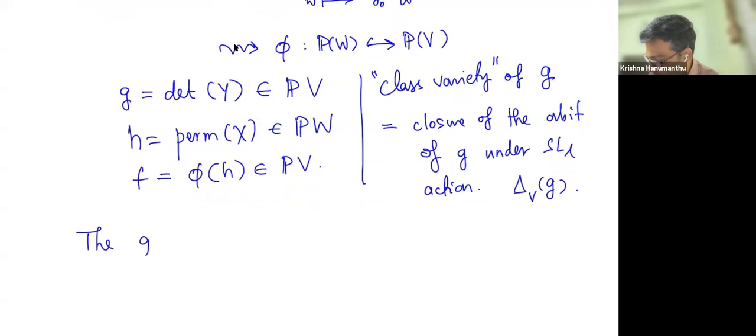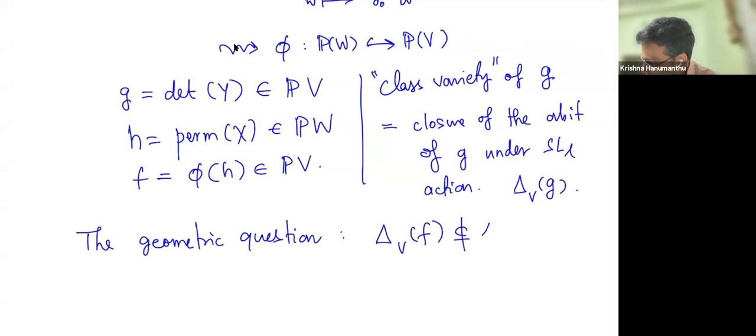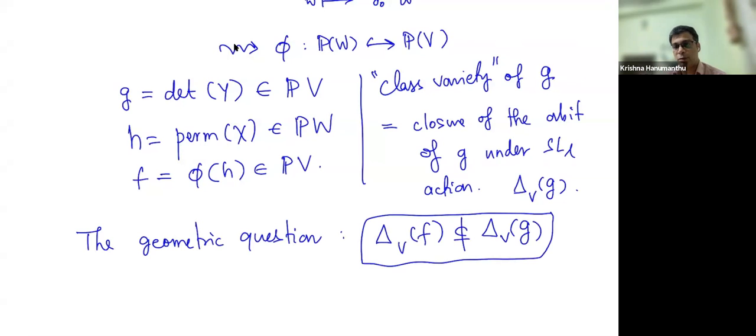The geometric question one wants to ask related to the complexity theory question, I'm sure this is all going to be explained, is whether we have an inclusion. Essentially the problem is translated to a problem about inclusion of varieties.